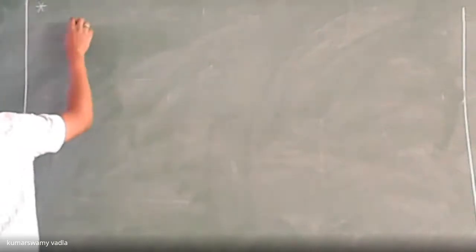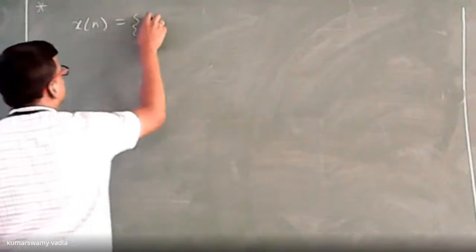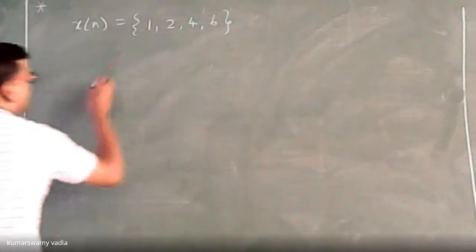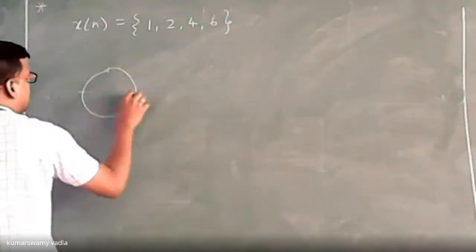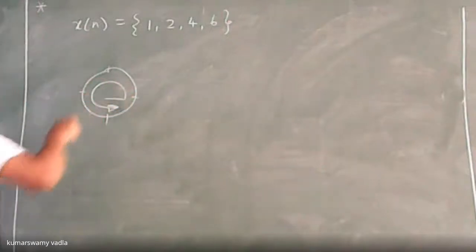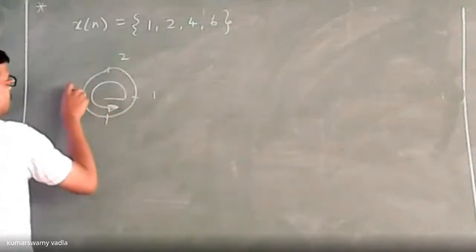As an example, in yesterday's class, I will repeat this. X of n is 1, 2, 4, 6. You represent it in the form of a circle, starting from this line and going in the anti-clockwise direction: 1, 2, 4, 6.